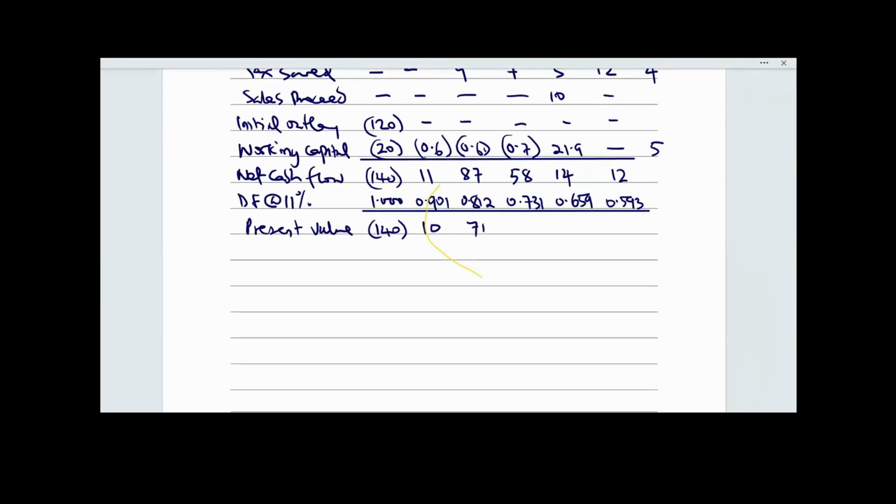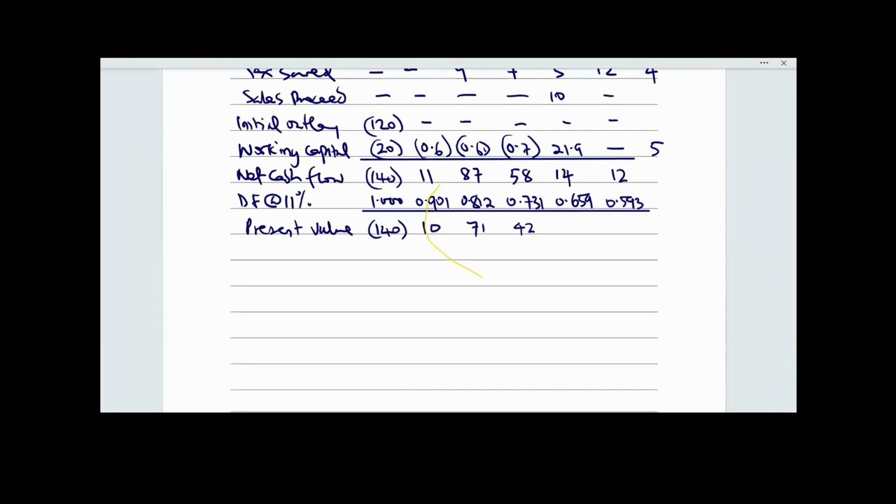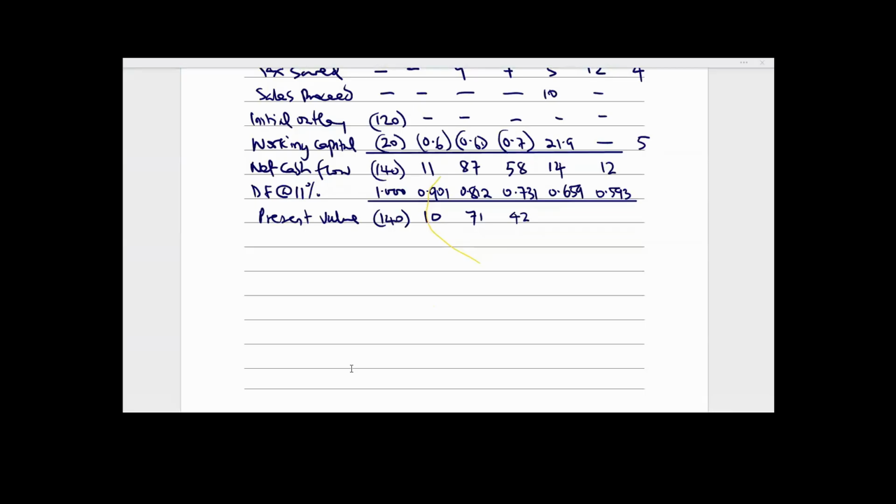Okay, then year 3, 58 multiplied by 0.731 equals 42.39, rounding 42. Then year 4, 14 multiplied by 0.659 equals 9.226, rounding 9.